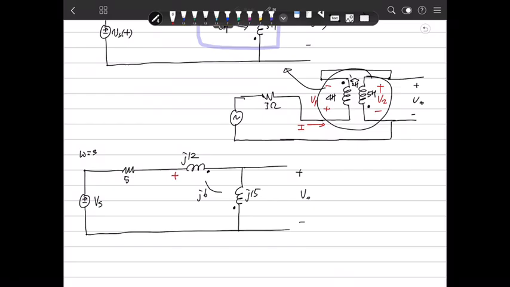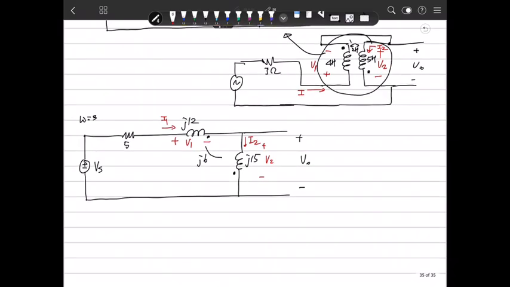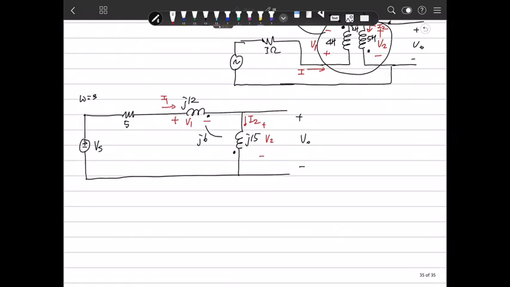And this current in this way is I2. That means I define this is a V1. Then this current is I1. And I define this is a V2. And define I2 in this manner. So from that, we can get our voltage equation is a V1. What is a V1?